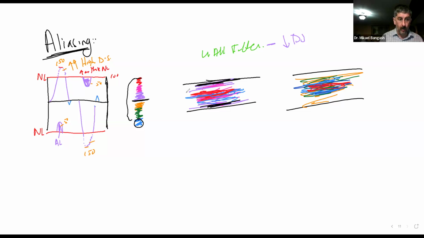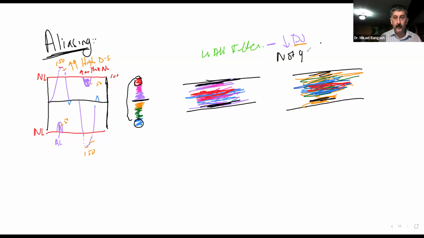Or this. Did that make sense? A wall filter is only going to get rid of the low Doppler shifts. But the high Doppler shifts, what we got as aliasing here or aliasing here, is not fixed.